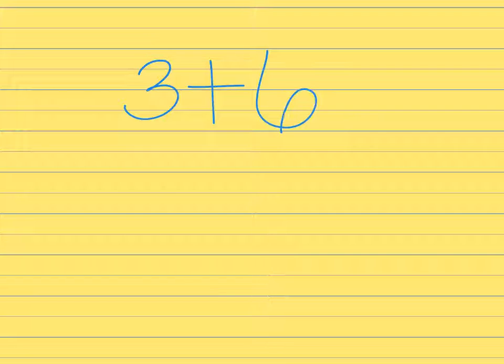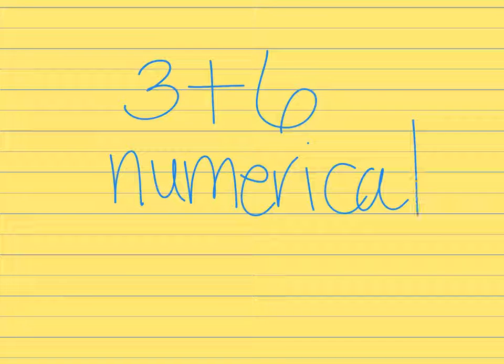If I just have numbers, such as this, that's just a numerical expression because they're just numbers. What you have to keep in mind is that all expressions express an idea. So they're saying something in their algebraic expression.